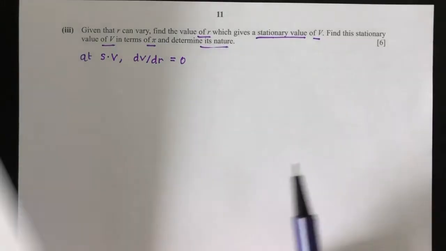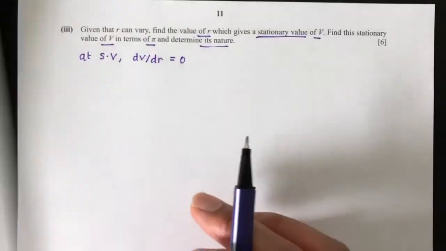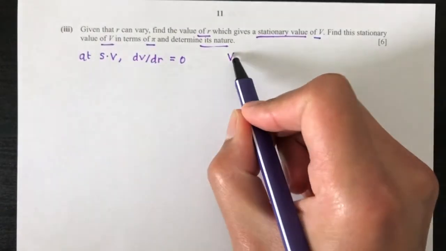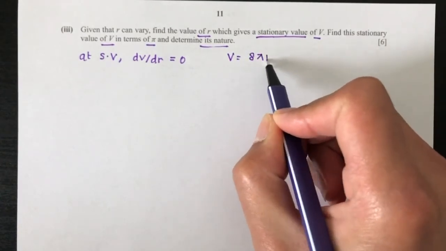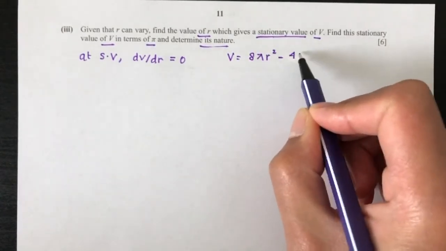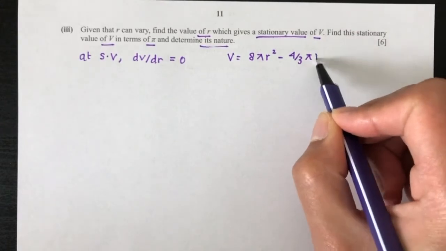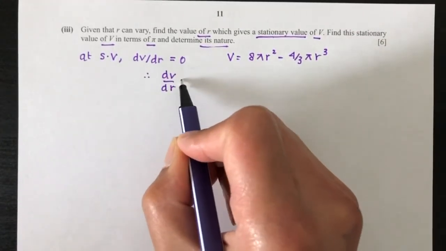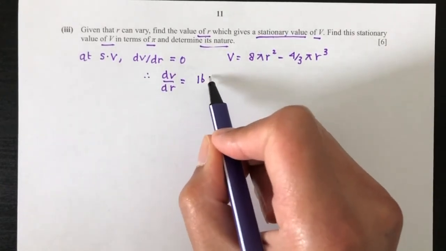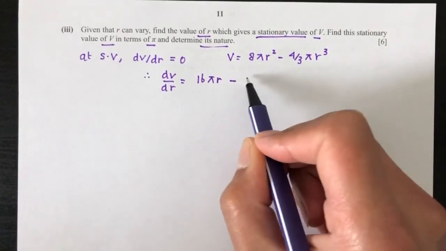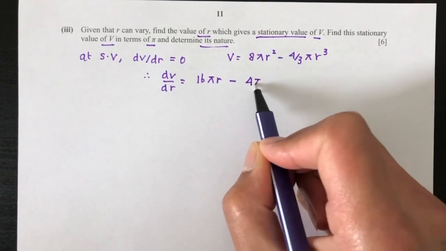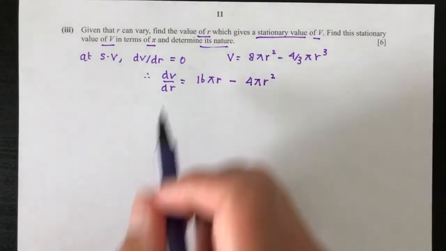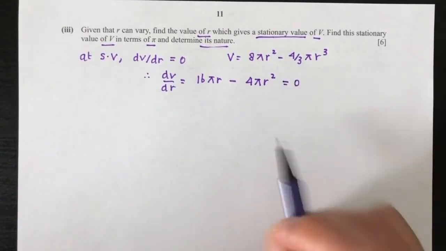So first let's equate that. Here we have v as 8 pi r square minus 4 over 3 pi r cube. That will give you dv by dr is 16 pi r minus 4 pi r square. Now this is equating to 0.